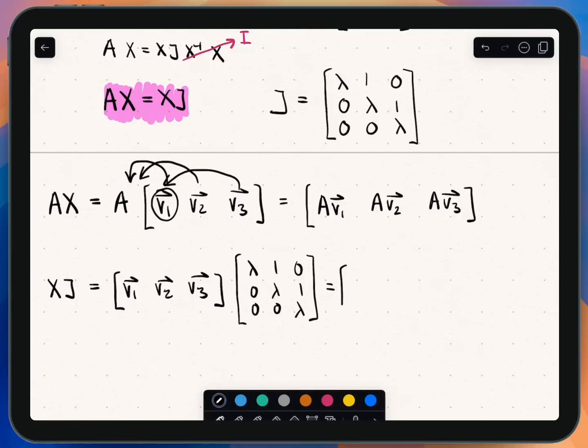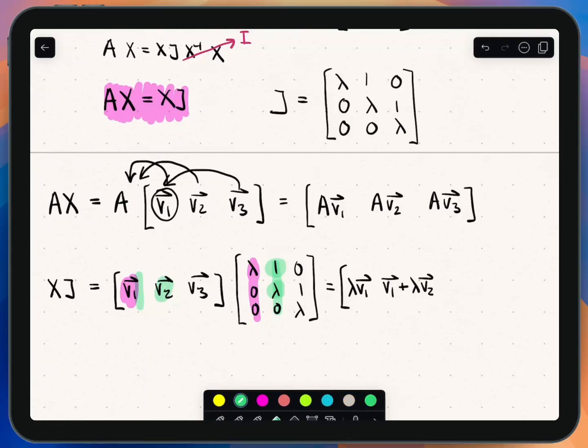And what does this get us? Well, the first lambda here is going to pick out the first column, so these two are related right there. We're going to multiply V1 by lambda, so we're going to have lambda V1. Then for the second column, this 1 is going to correspond with this V1, and then we have lambda times our V2. So this is going to turn out to be V1 plus lambda V2.